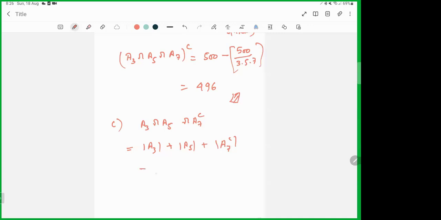Then subtract cardinality of A3 intersection A5, minus cardinality of A3 intersection A7 complement, minus cardinality of A5 intersection A7 complement, plus, add all things. So you can do the computation, right?